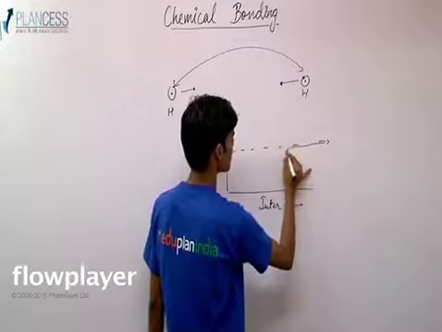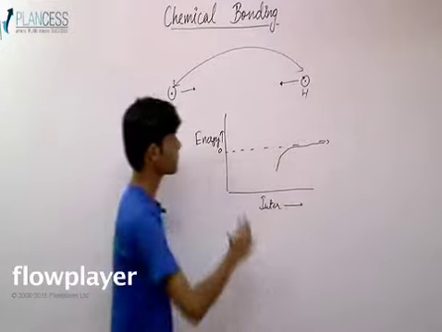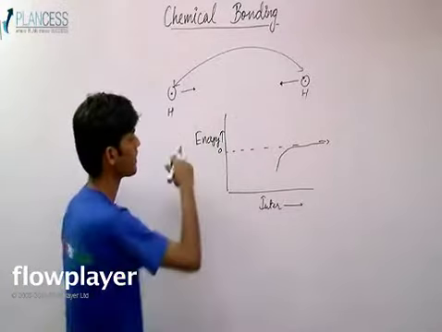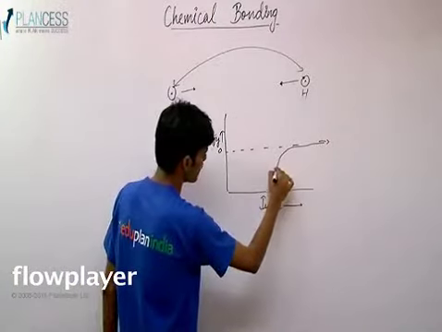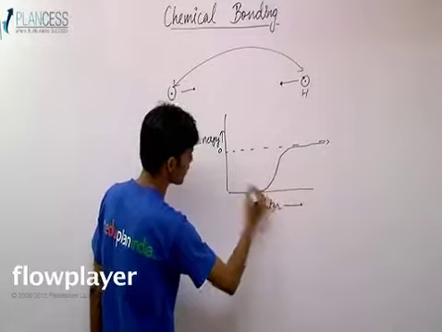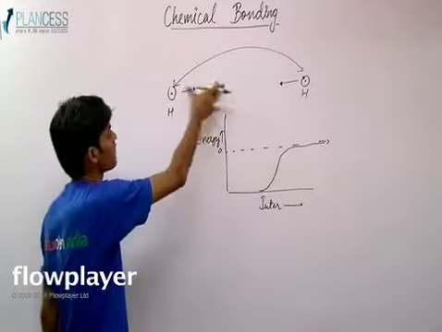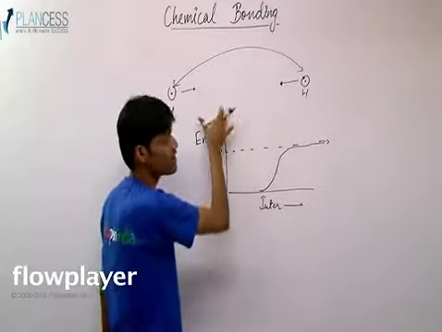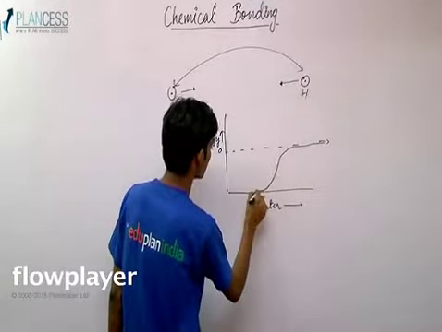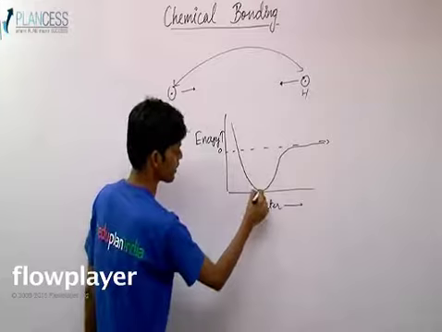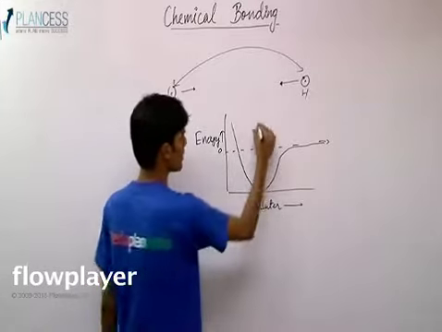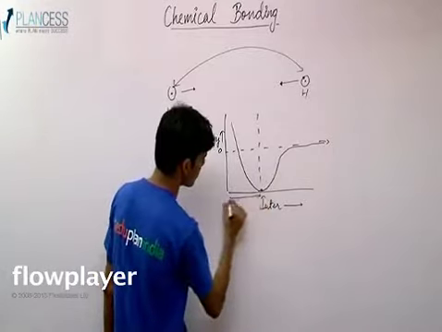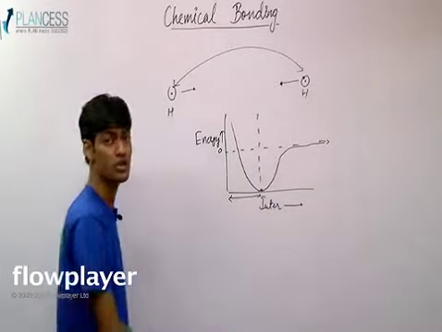Now when they are approaching each other, the attractive forces are dominant over the repulsive forces, so the energy decreases. At a certain moment, as they come closer, the repulsive forces dominate the attractive forces, and the energy increases. So this minimum determines the bond energy of the hydrogen molecule, and this distance is the bond length of the hydrogen molecule.